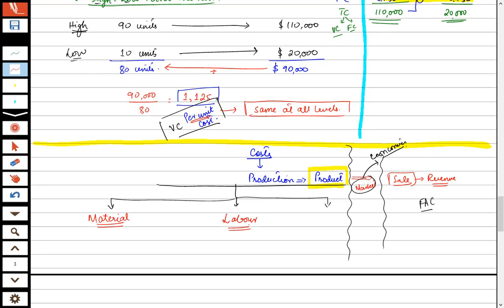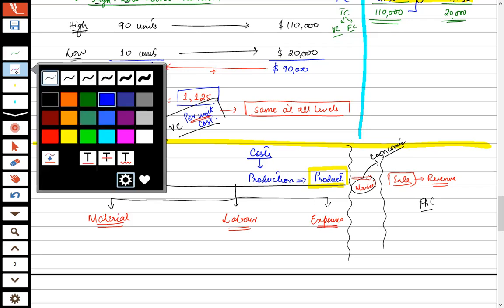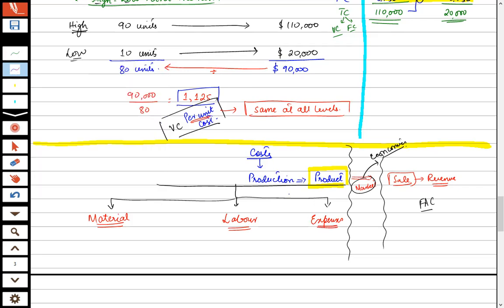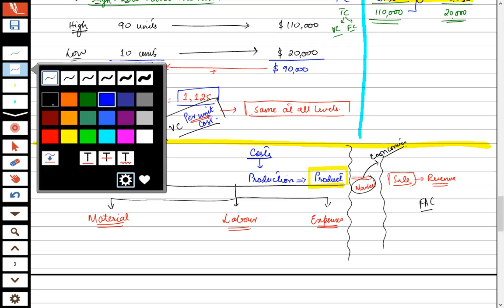And these expenses may include labor wages, machinery lubrication, machinery charges, and factory rent. These all are known as expenses. And now in managerial accounting, the expenses which are related to the production facility.